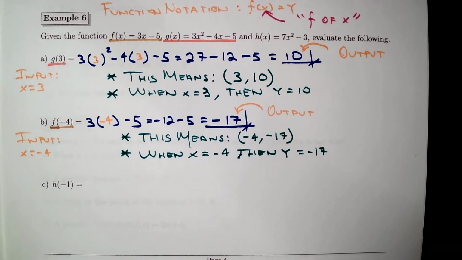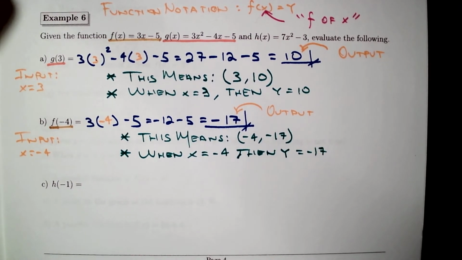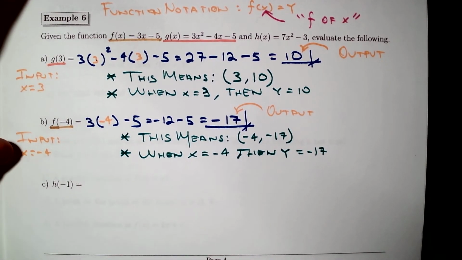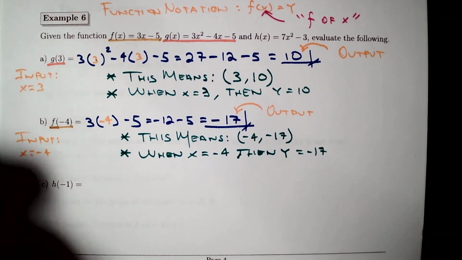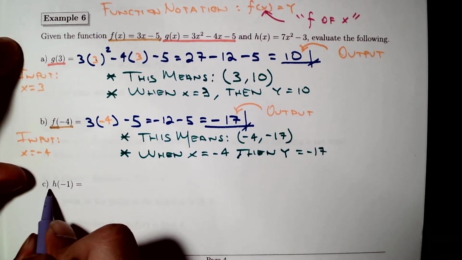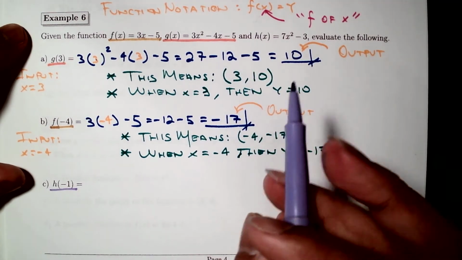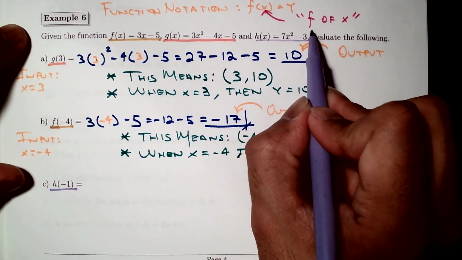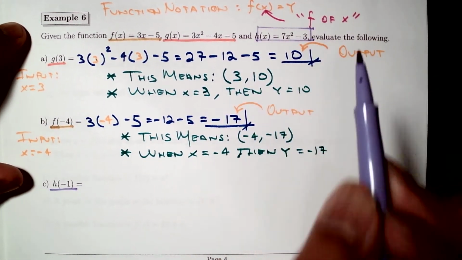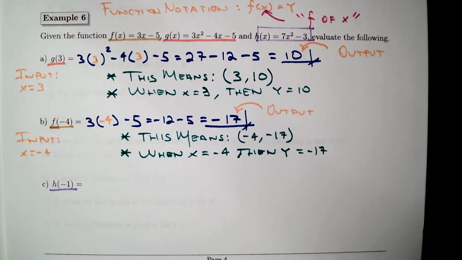So h of -1 is calling for a totally different function. I'm going to use this purple color, and it's calling for the function h of x. So what is that going to mean?